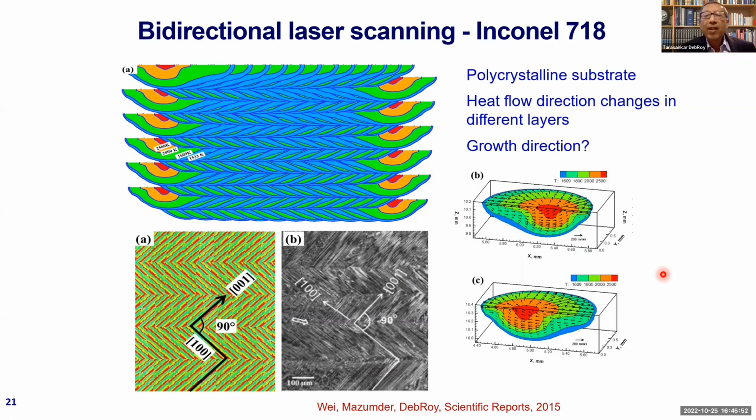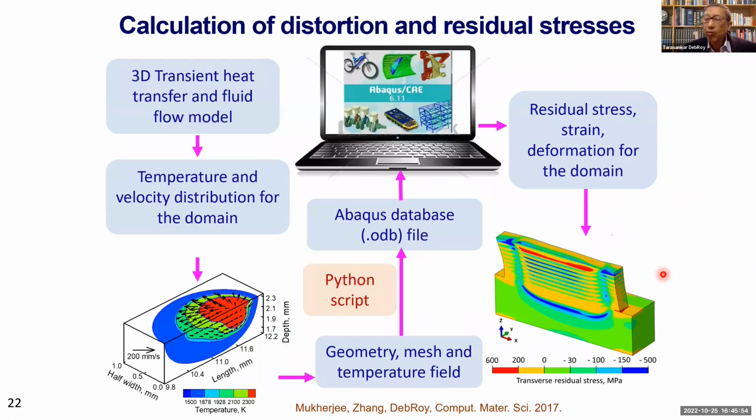Starting with a heat transfer and fluid flow model, we can do a lot of things that are otherwise difficult to do. Distortion and residual stress are important factors. And what we do here, we start with a transient heat transfer and fluid flow model.